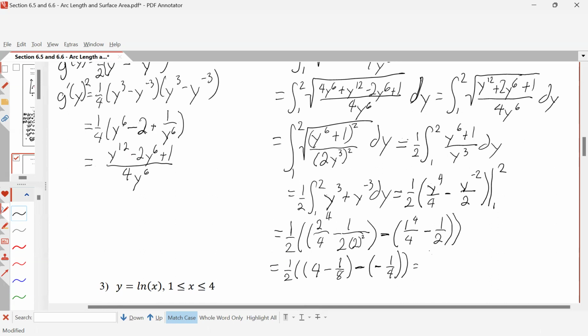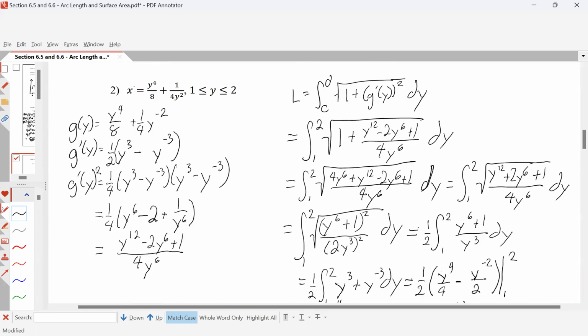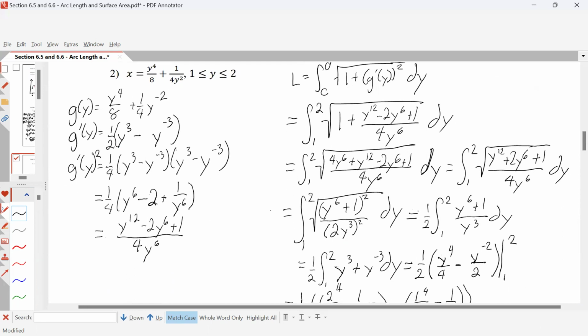So we get 1/2 times, giving these all the same denominator, 32/8 minus 1/8 plus 2/8, or 33/8, times 1/2. 33/16 is the length of our curve from x equals y to the 4th over 8 plus 1 over 4y squared from 1 to 2.